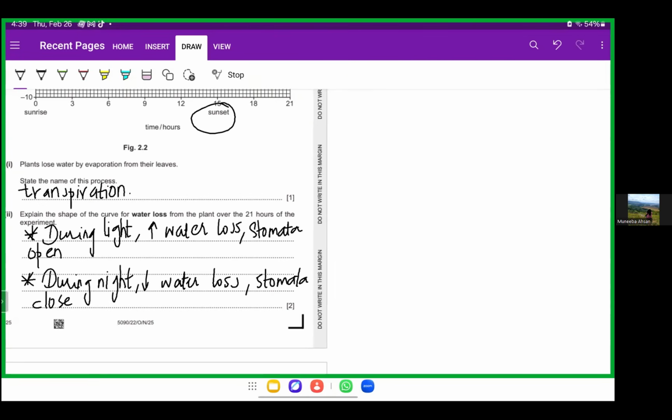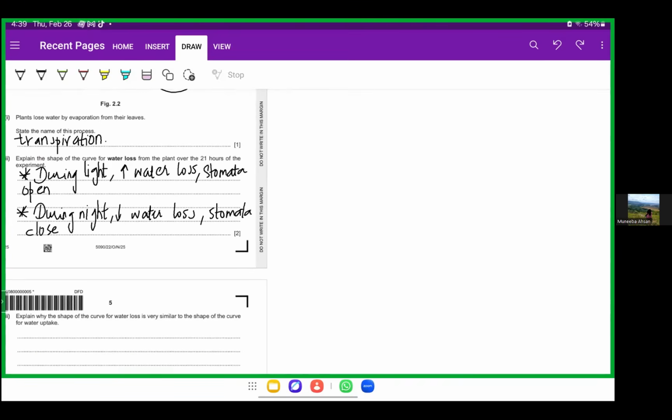Now, what else can you write in this answer? This was the very basic answer, right? But there are a few other options that you can write in this answer, which can be termed correct. Basically, when there is greater light intensity, what will happen? There will be a faster evaporation rate, right? Or you can mention that the leaves must have a higher surface area, so that the water can diffuse more.